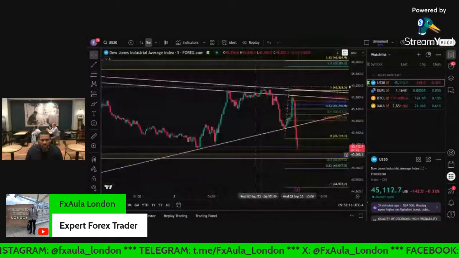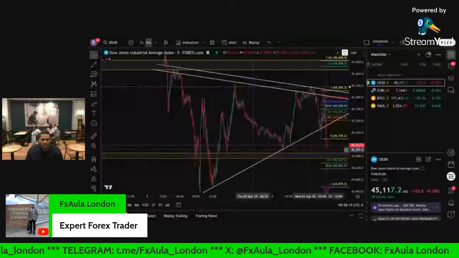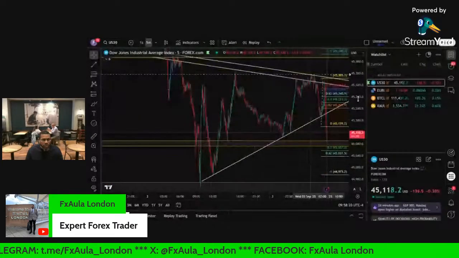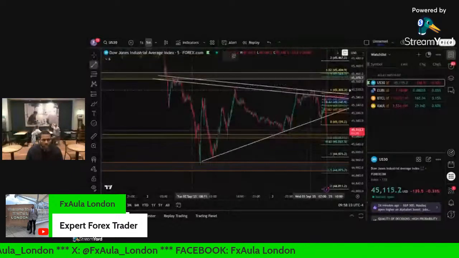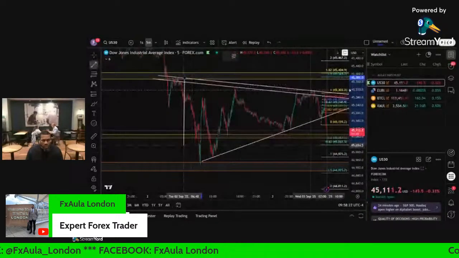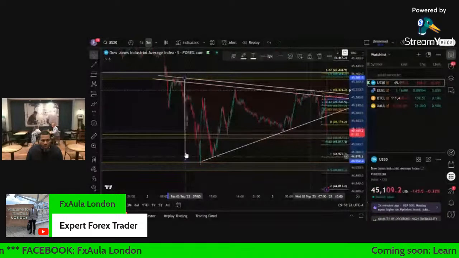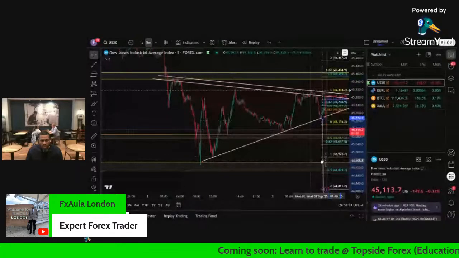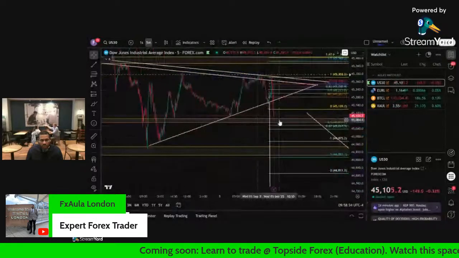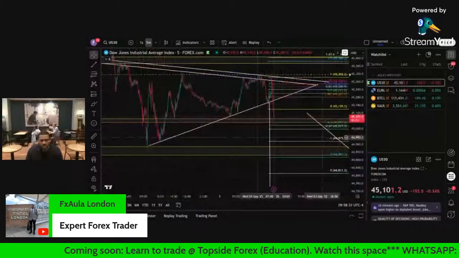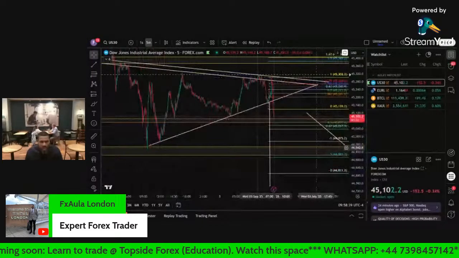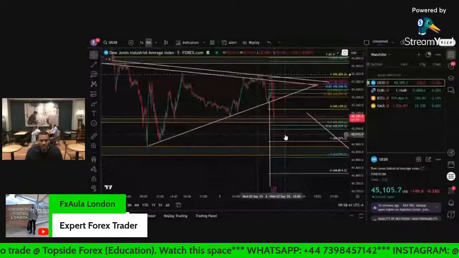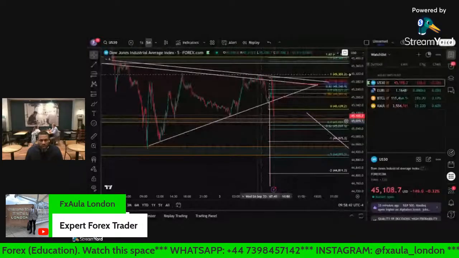Let's see. This is the overall target for this symmetrical triangle. If it holds, which is kind of in line with our extensions of price, let us see if price will play out the way we expect.